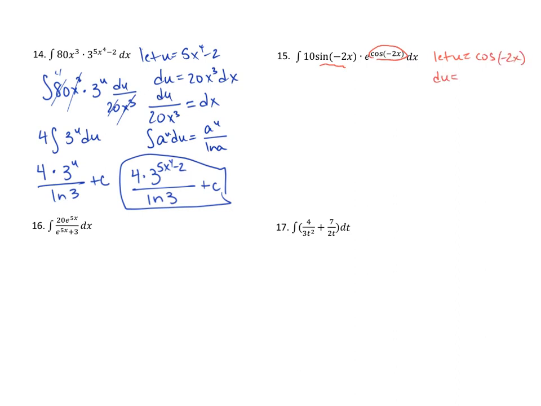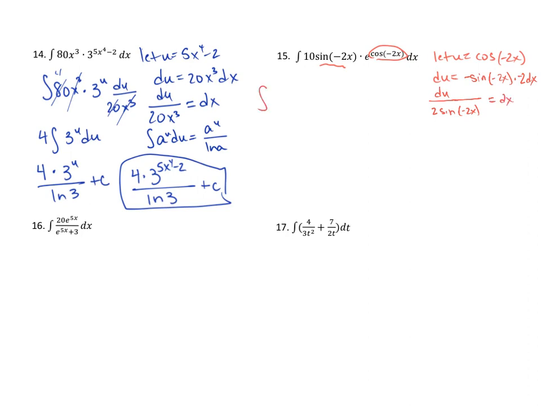So let's see if that works out. Du equals negative sine of negative 2x times negative 2 dx. So du over, this will be positive 2 now, sine of negative 2x equals dx.